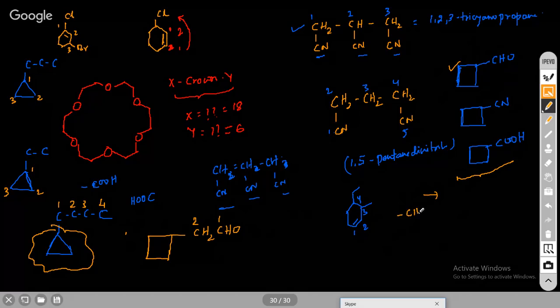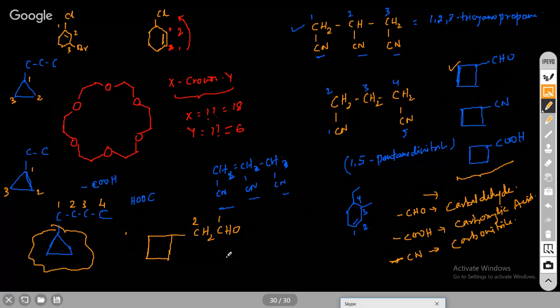If the functional group is CHO, then we use carbaldehyde. If the functional group is COOH, then it is carboxylic acid. If it is nitrile, then it will be carbonitrile.